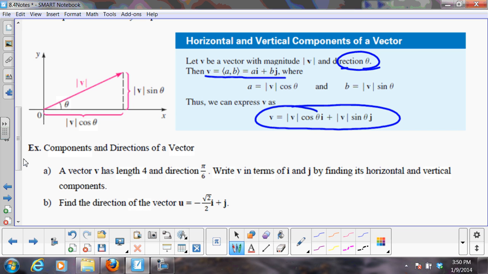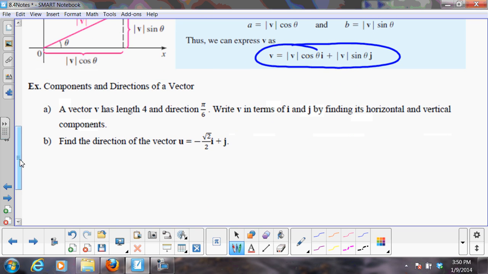Components and direction vectors. A vector v is length 4 and direction of pi over 6, which is 30. Write v in terms of i and j. Well, to get the a part, it is a length of 4, which is what that absolute value sign looks like.